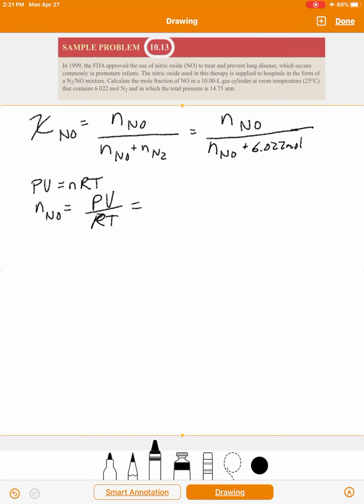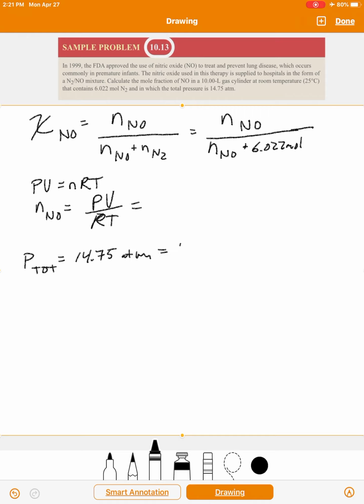But now, think about this. That's the total pressure. That's not the pressure of NO, that's the total pressure. So we have an issue here. How do we find the pressure of NO? Well, let's come back. P total is 14.75 atmospheres.